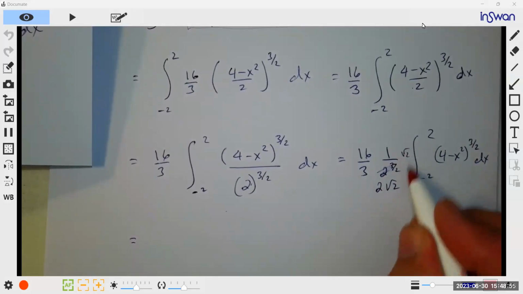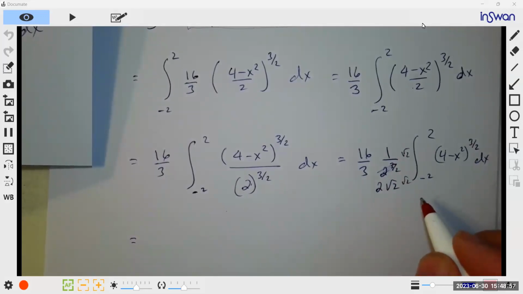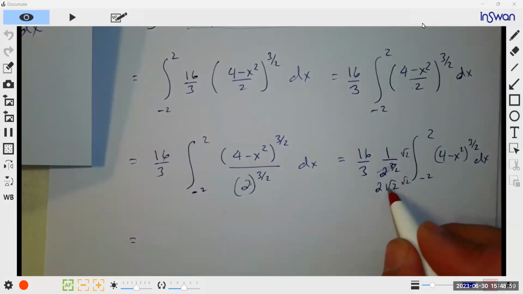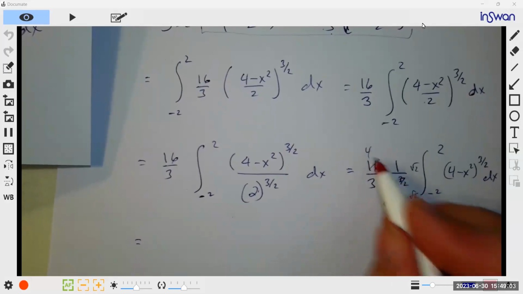Multiply top and bottom by radical 2. So this becomes 2 times 2, makes it 4. 4 goes into 16 4 times.